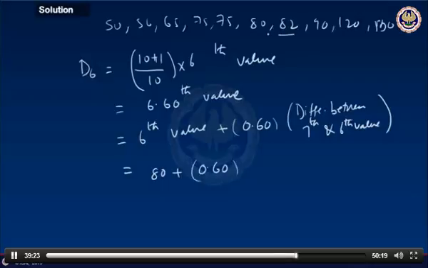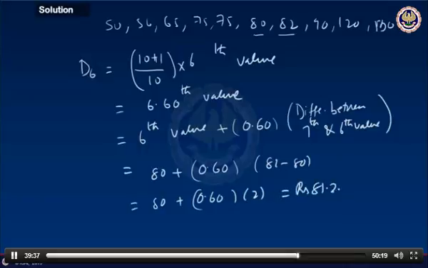The 7th value is 82, so 82 minus 80. 80 plus 0.6 into 2, which is rupees 81.20, the 6th decile for the given data.